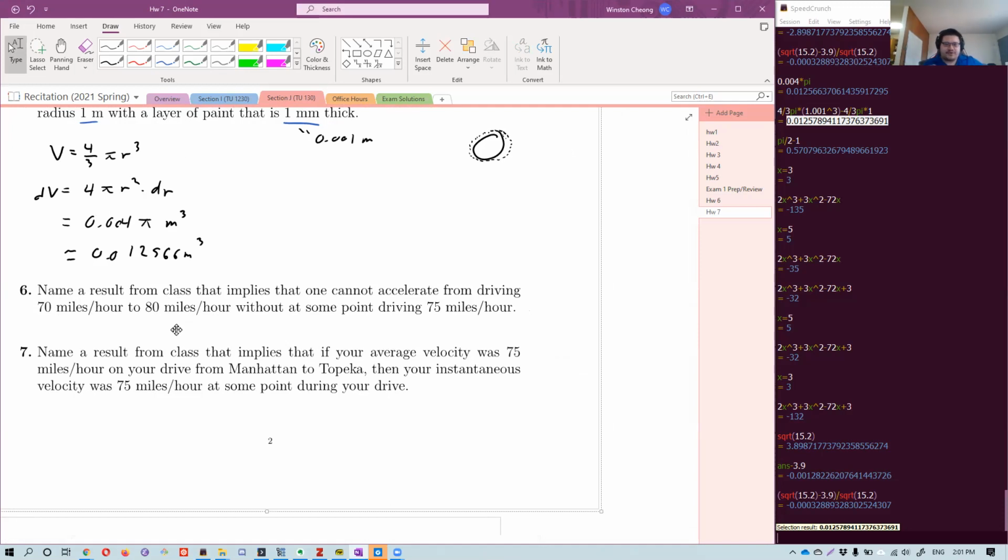Well, the key thing to make this work is that you're talking about velocity as a function, and that function is continuous. So every value between 70 and 80 has to be hit at some specific point in time. There must be some time at which you're traveling at any given velocity between 70 and 80, in particular 75. So that should really remind you of the intermediate value theorem.